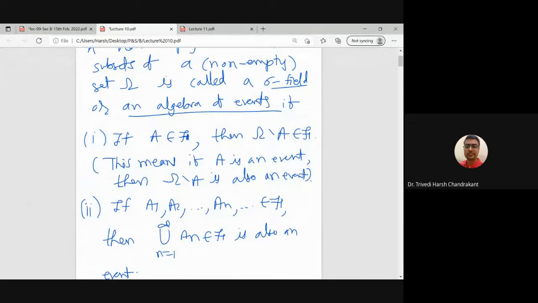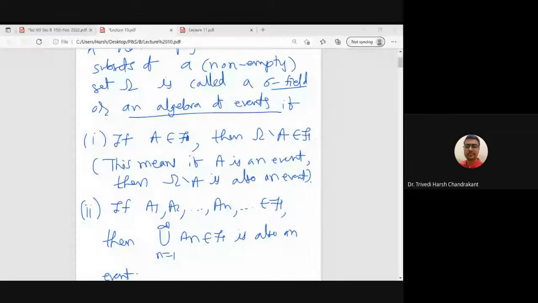If you remember, we have defined the probability function on the sigma field F. Whenever we have an event A, we define the probability of event A, and then we can also talk about the probability of the complement of the event, right?